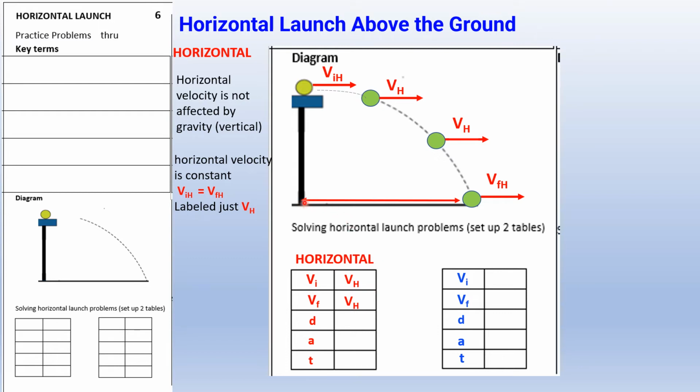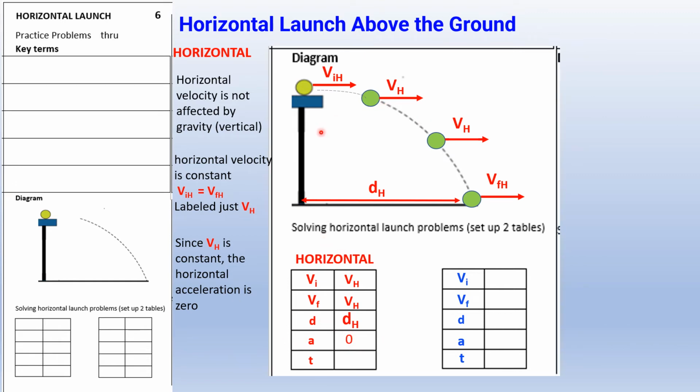Now the distance from the base of this table to where the ball lands, I'm going to call DH, the distance horizontally. Since VH is constant, the horizontal acceleration is 0, so acceleration here is 0.